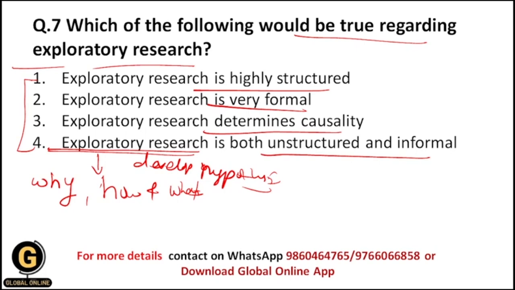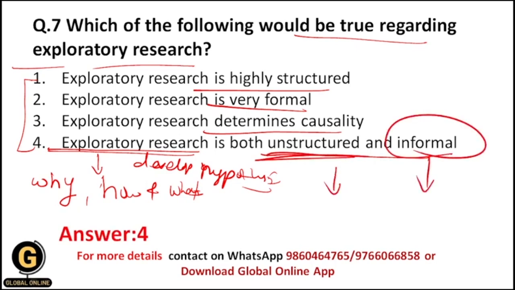As well, exploratory research does not determine causality, because here we are going to develop the hypothesis only, and that's why we can't determine causality between the variables in such kind of research, and that's why the correct answer to this question is 4, because exploratory research is both unstructured because it is not structured, and as well it is informal because here we can use informal data collection methods, such as we can personally talk with the participants, okay, or we can personally go to the areas where I need to find out the data, and that's why informal ways can be followed over here, okay.